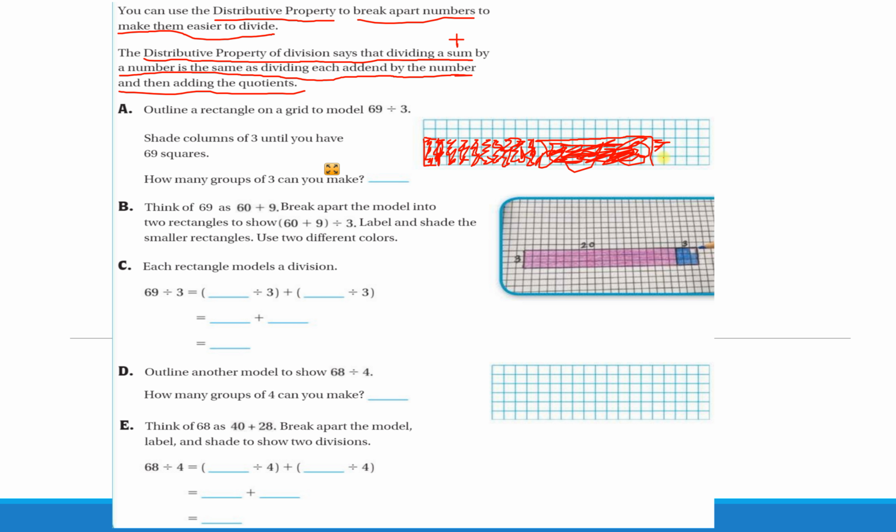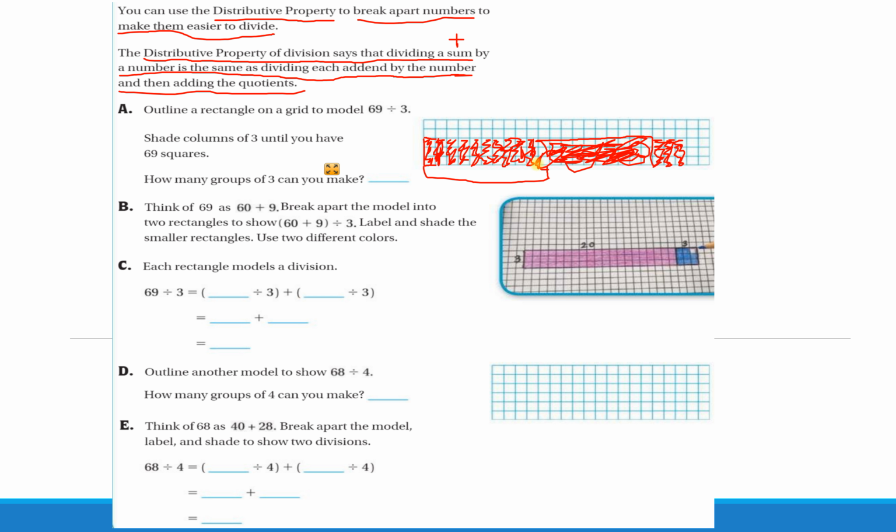3 more would be 63. 3 more on top of that would be 66. And then 3 more would be 69. So I'm there. So how many groups of 3 can you make? Well, we already said that from here to about here. Let's count them just to be sure. 1, 2, 3, 4, 5, 6, 7, 8, 9, 10. Oh, I'm sorry.